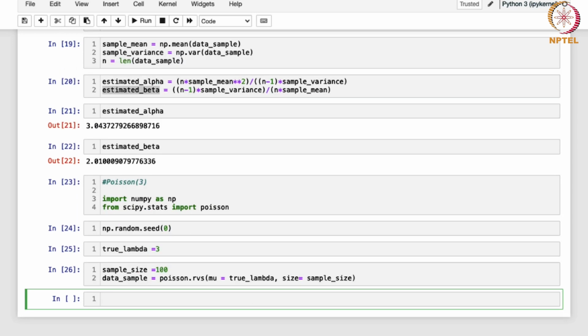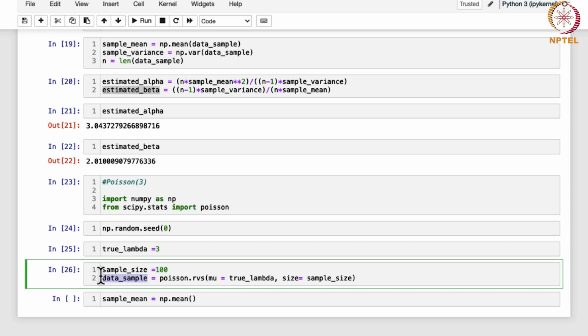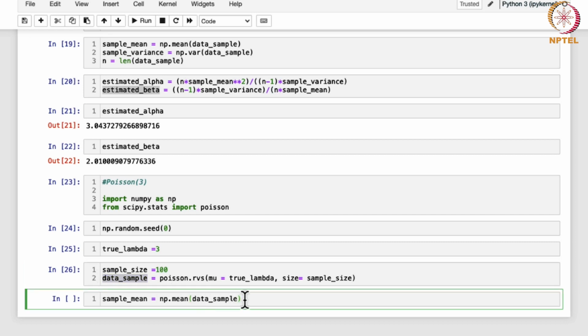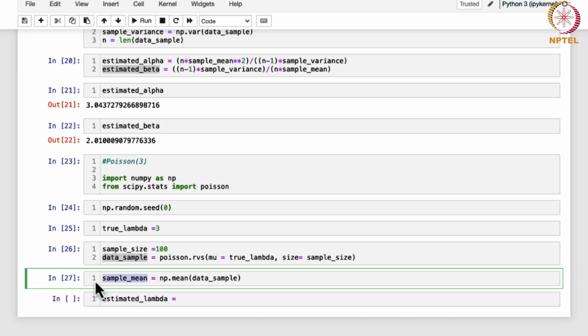Now lambda hat is what it came out as, the sample mean, x bar. So let us calculate the sample mean. Sample underscore mean would be obtained using this, data sample. And your estimated lambda would be basically the sample mean that you have obtained over here.